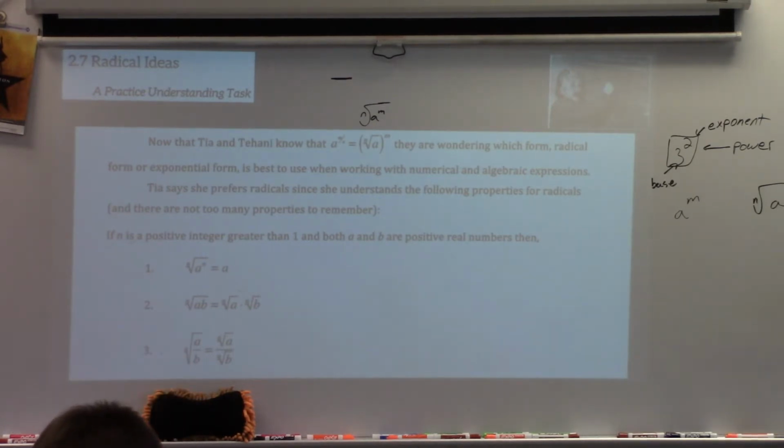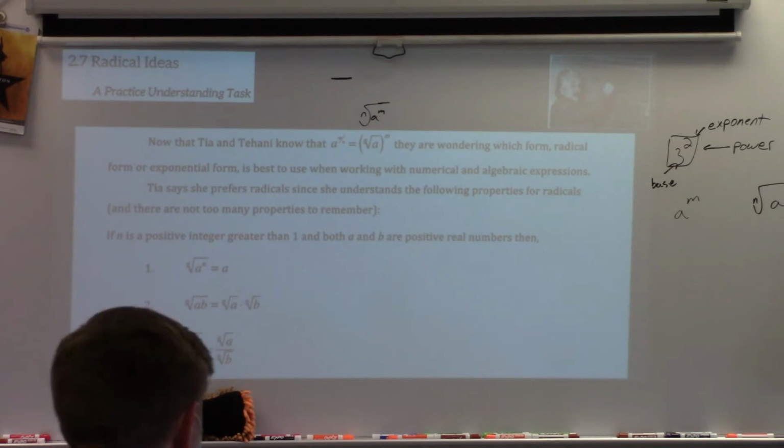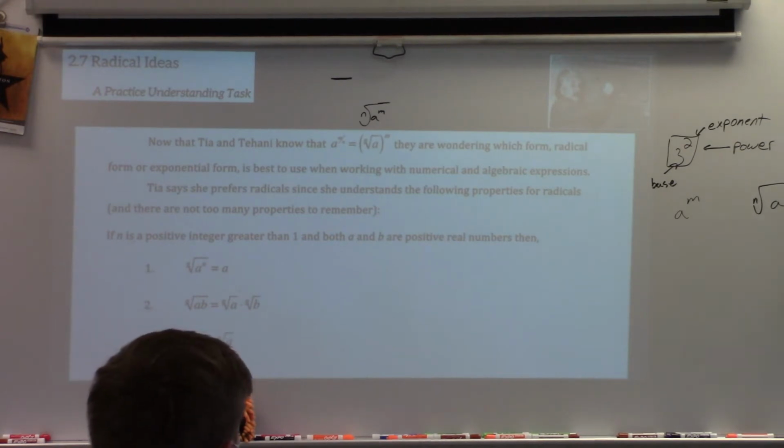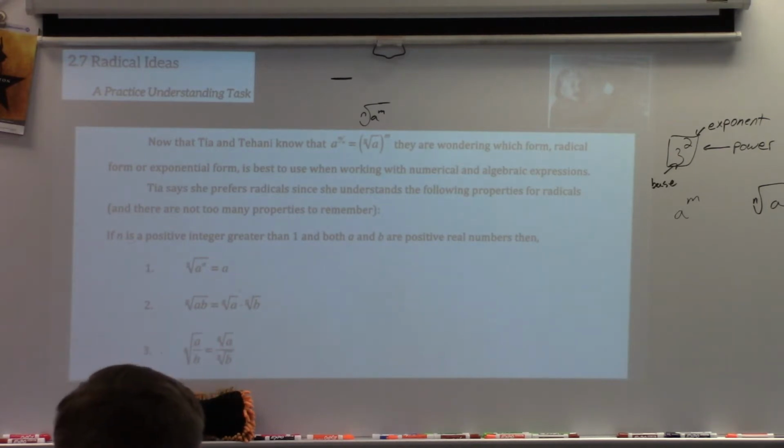Okay? So, this little symbol here with the crook in it, what is that called? Radical.